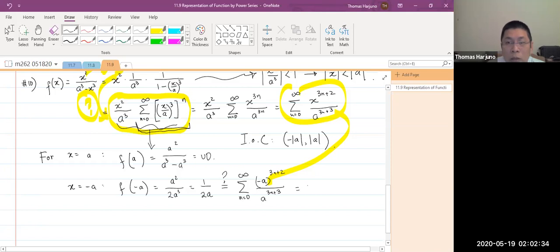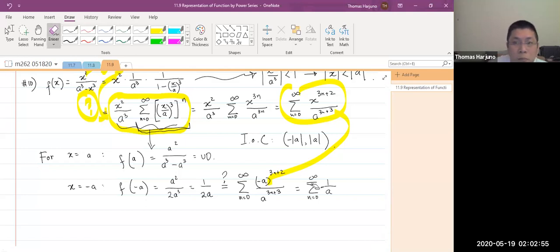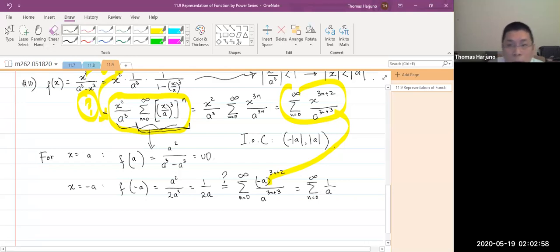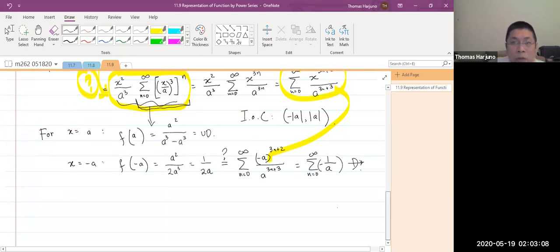That will be the series of 1 over a, from n equals 0 to infinity, with negative. But this is divergent. Right? It's divergent. Yeah, so the interval of convergence does not include the endpoints.